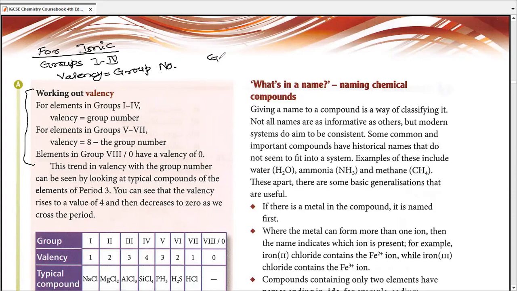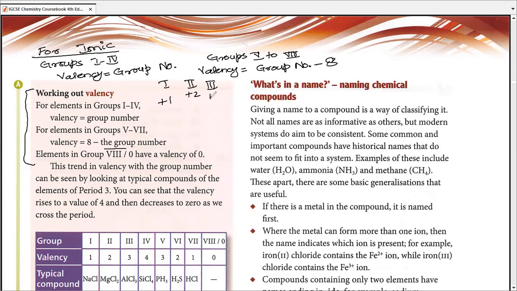But for groups 5 to 8, that valency would be equal to group number minus 8. It's a little different than what's written over here. So what happens if I change it like this? For group number 1, the valency would be +1. For 2, it would be +2.